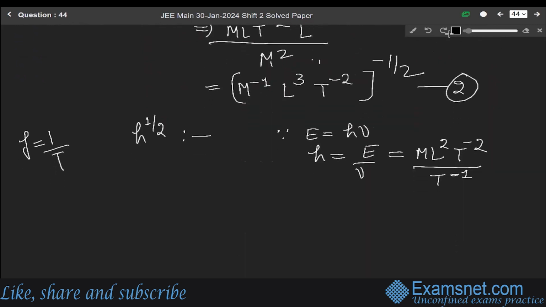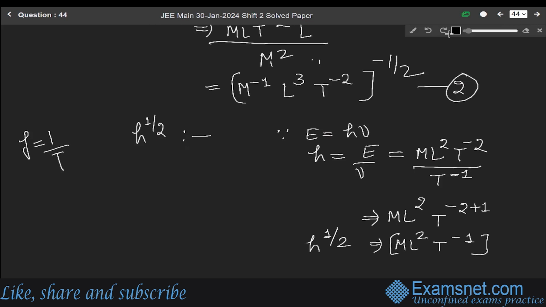So it will be M L squared T minus 2 plus 1, which becomes M L squared T minus 1. So h raised to 1 by 2 will be M L squared T minus 1 whole power 1 by 2.